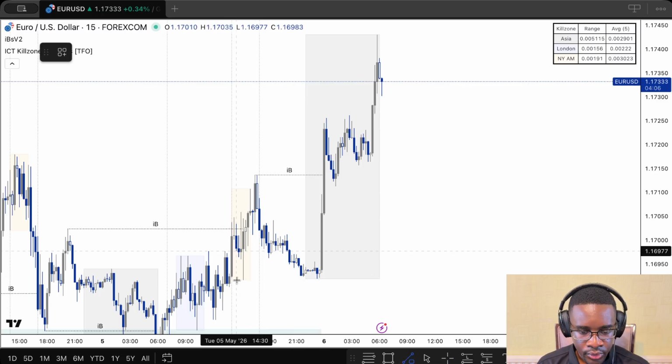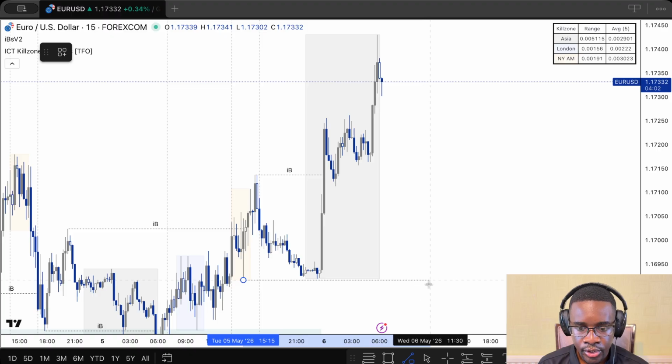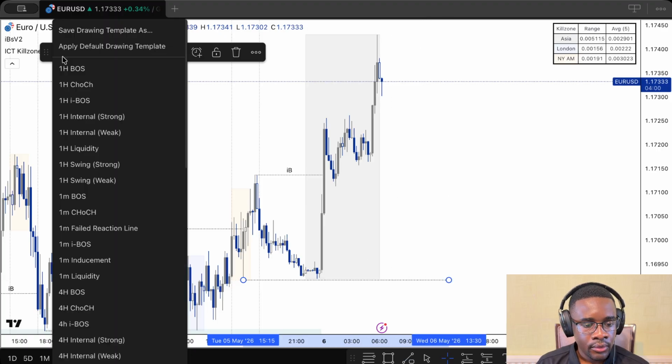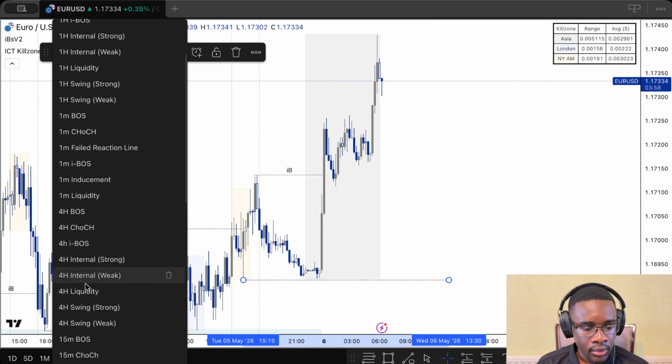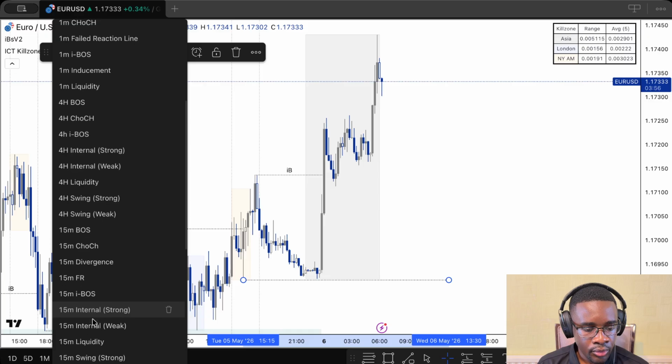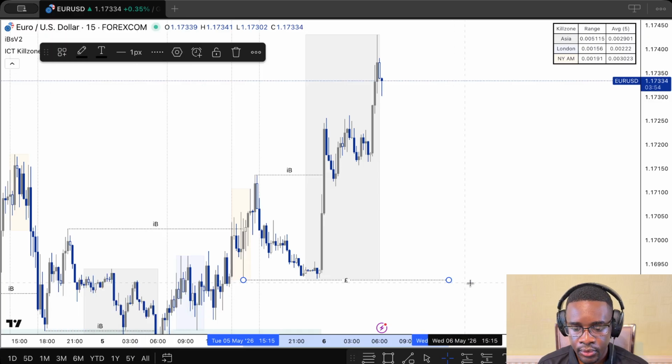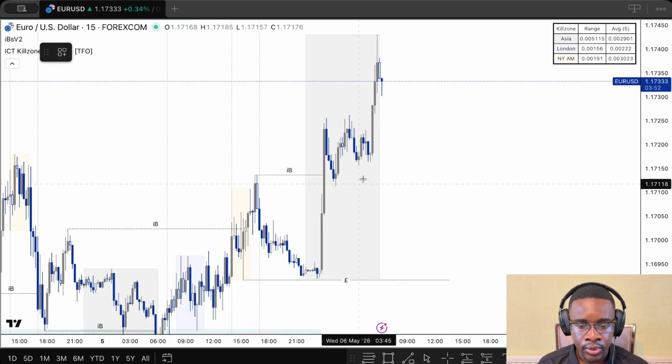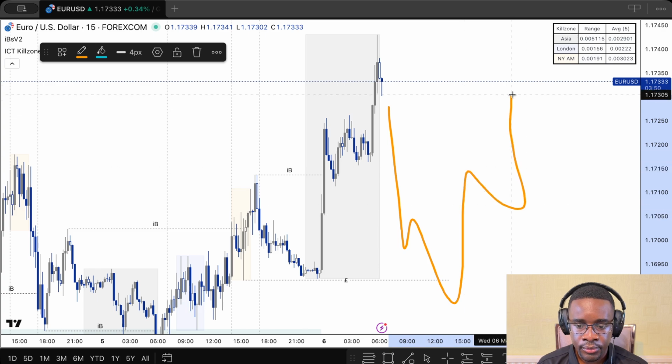Of course we do have this London low and almost Asia low. So that could be liquidity, or that could be the fuel for price to take out and then continue bullishly.